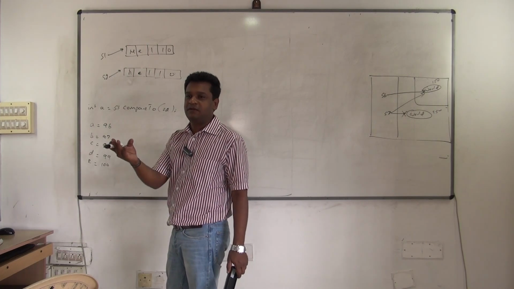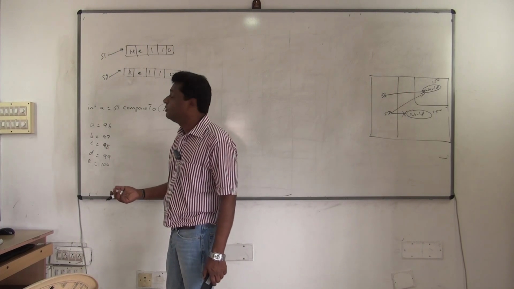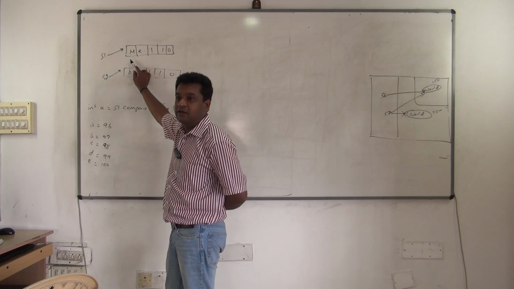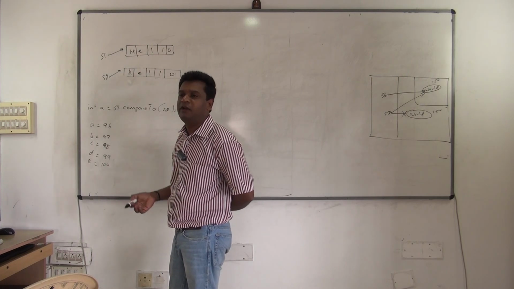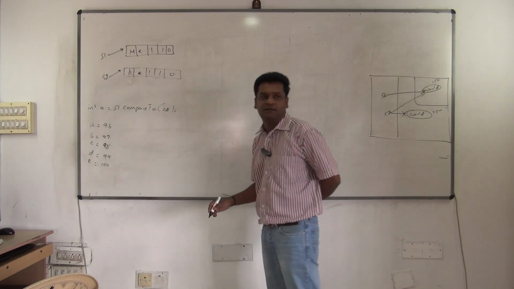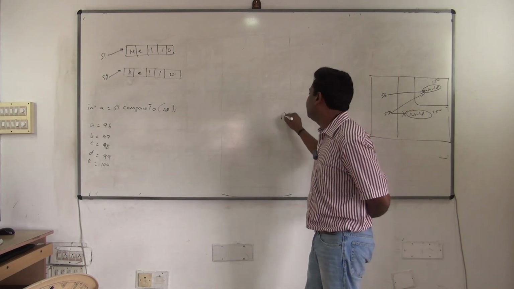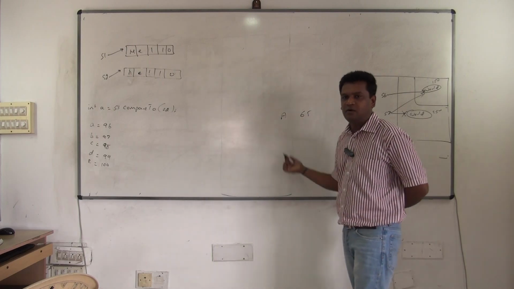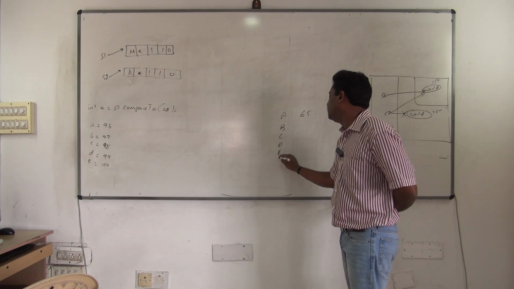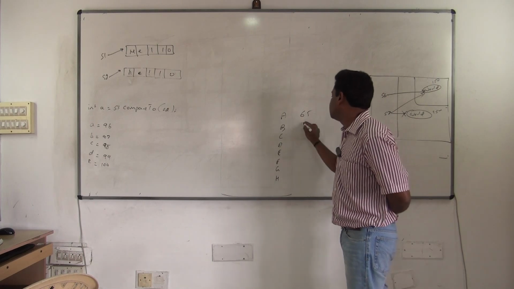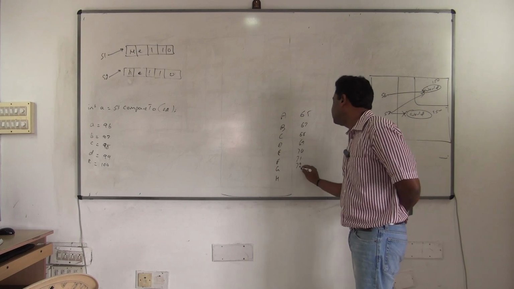Because small h is what? Check out the ASCII value. Capital H is how much? Capital A is 65, so count and you will understand: B, C, D, E, F, G, H. 65, 66, 67, 68, 69, 70, 71, 72.